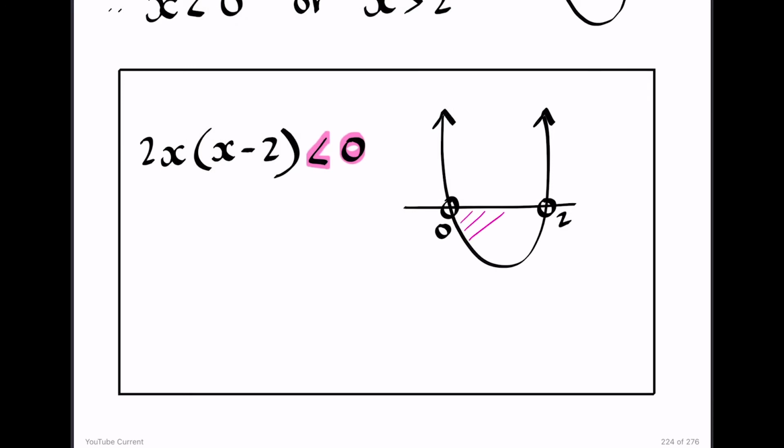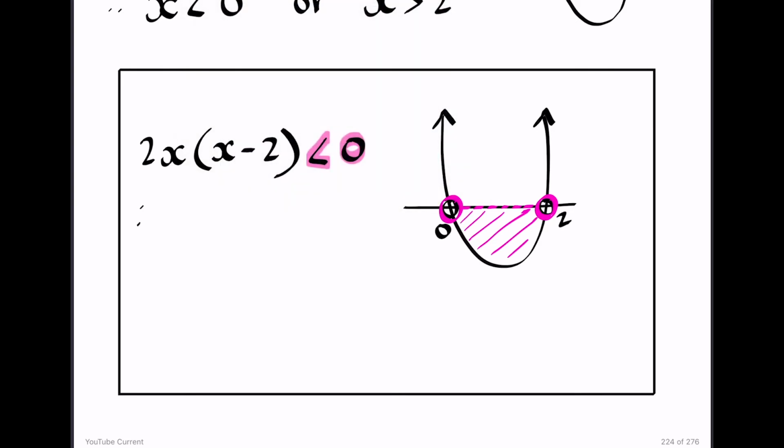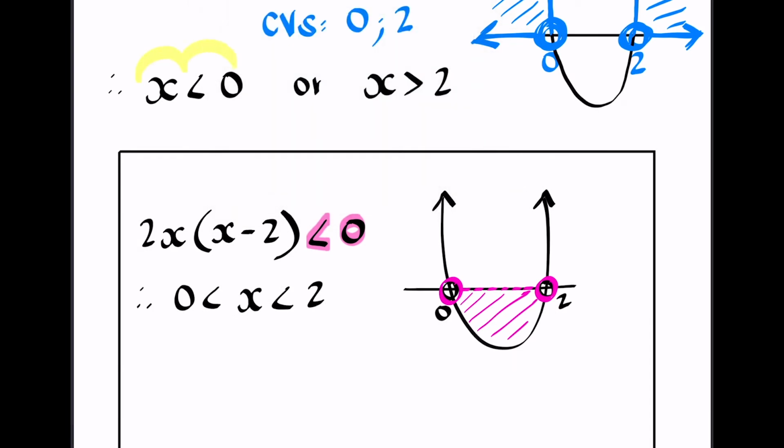It's below the line between 0 and 2. So this whole part is underneath or below. Therefore, I would have x being between 0 and 2. So you can see the difference between these two answers: over here would be if it was above, and over here would be if it was below.